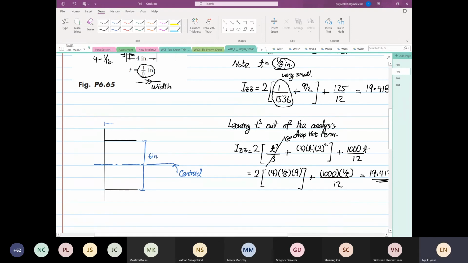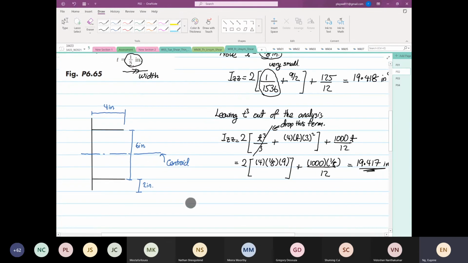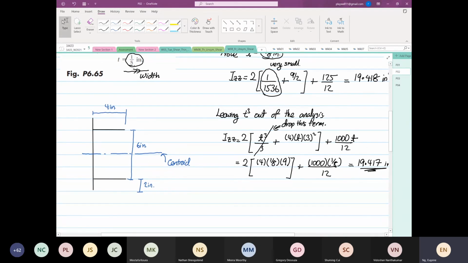The distance from here to here is 4 inches, and the distance from here to here is 2 inches. Does that make sense? By the way, I'm just the messenger. I just follow what the textbook teaches me. Any questions, please? Anyone?